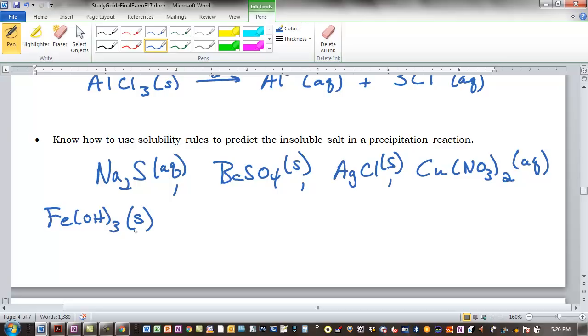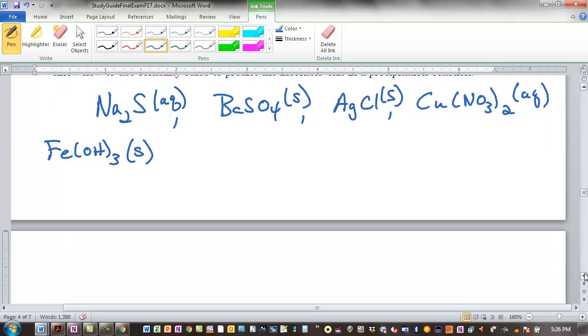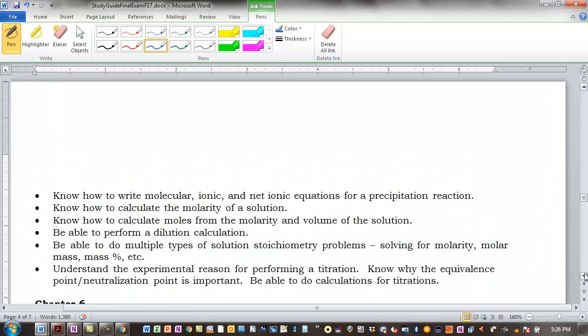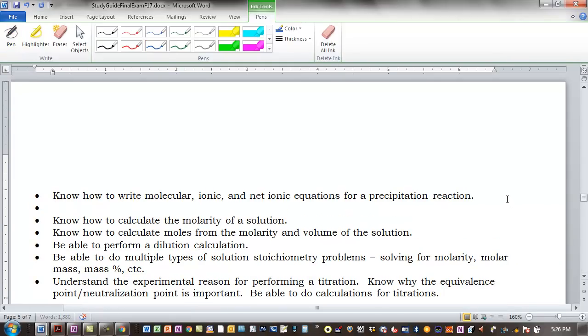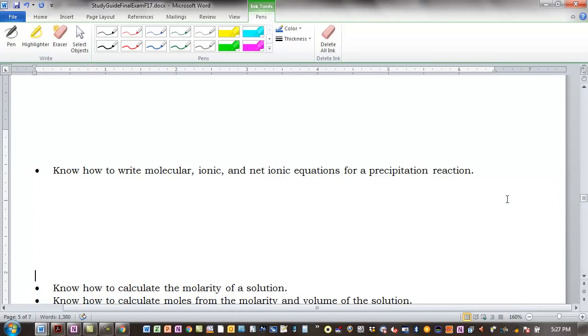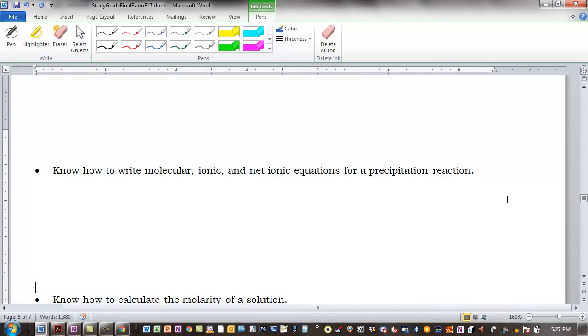Okay, so that's just identifying. The next step with those is writing reactions. Now, the good news for you in terms of writing reactions for precipitation reactions is this is a multiple choice test. It's kind of hard to have you write these, okay?